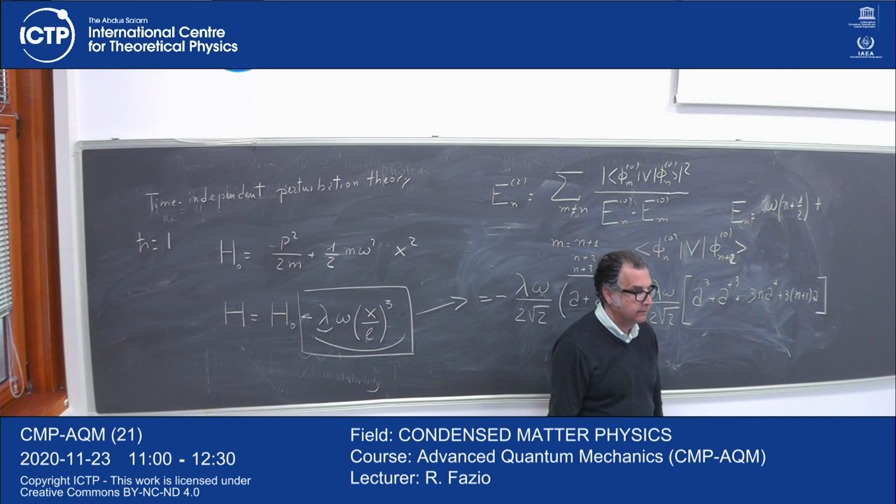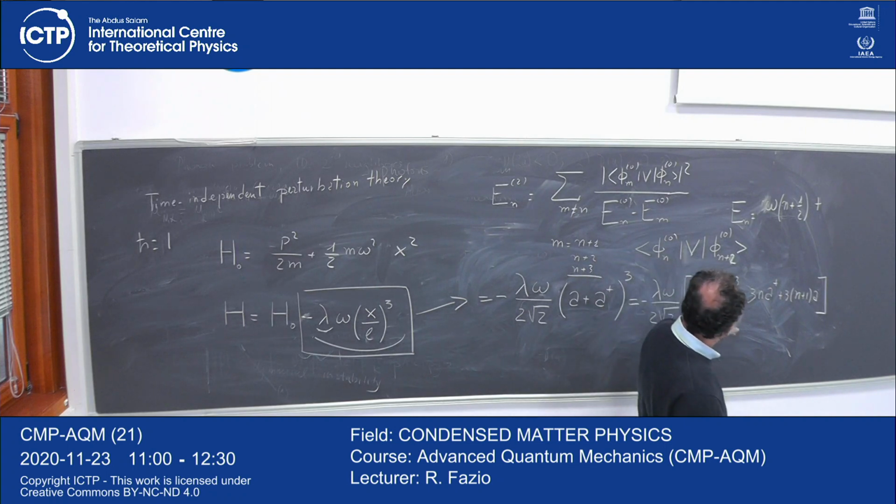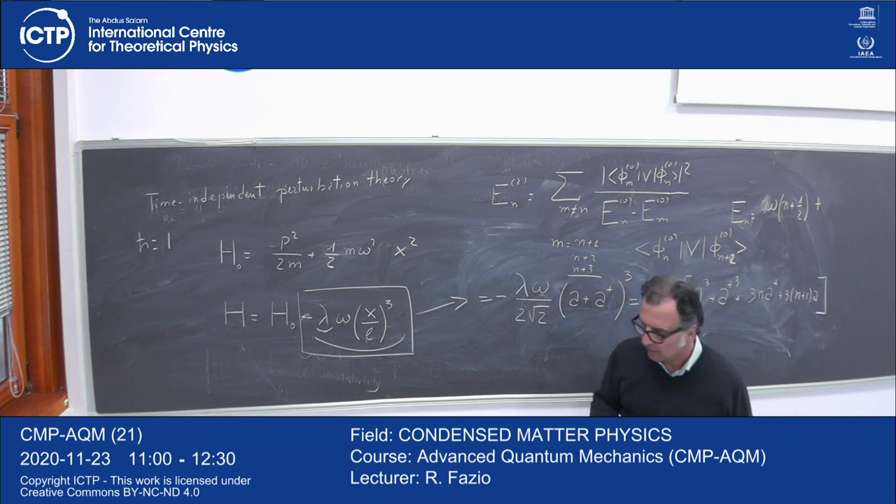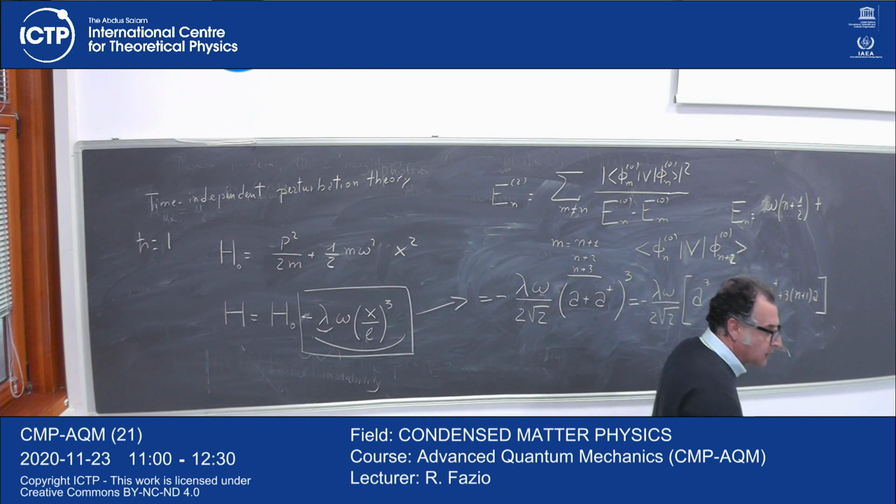Why? Because the wave function is on the same order and it has different n. So you can see here there are only cubic terms and linear terms. So if you want to connect the wave function n to the wave function n plus 2 or n minus 2, then here you should have had a dagger square or a square. Okay?